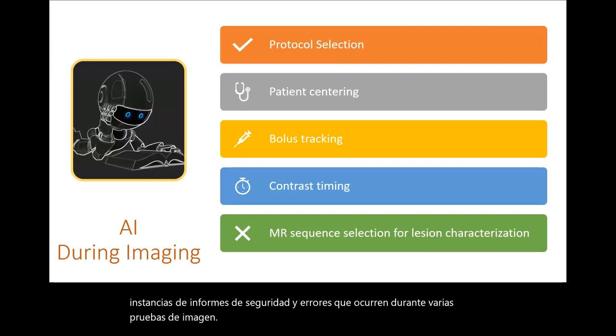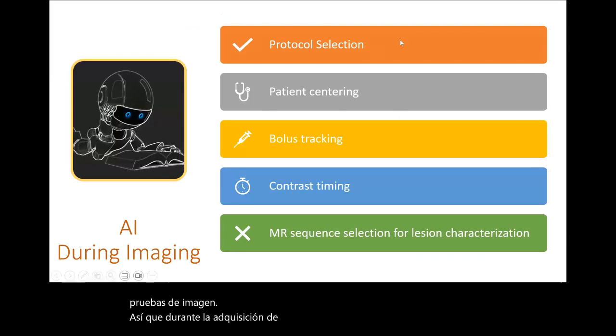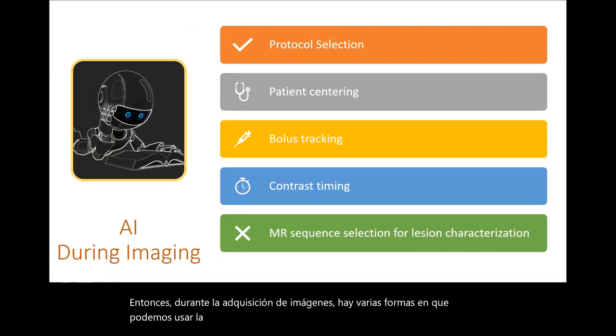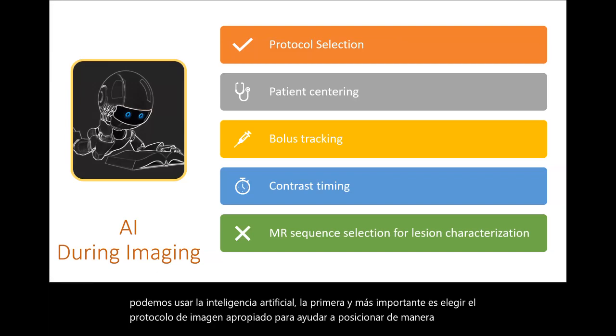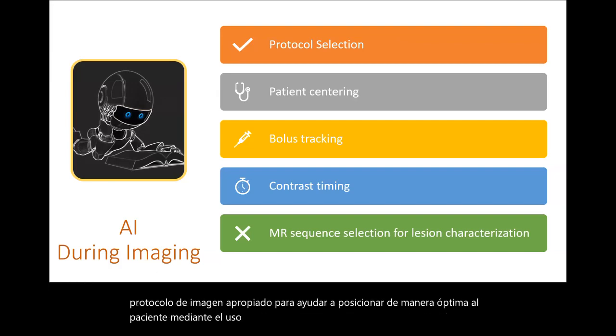So during image acquisition, there are several ways we can use artificial intelligence tools. The first and foremost is choosing the appropriate imaging protocol. Then to help in optimally positioning the patient by using various tools, for example, a tool for patient centering.